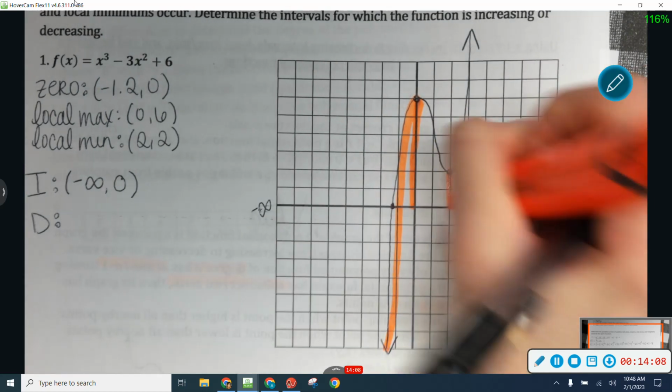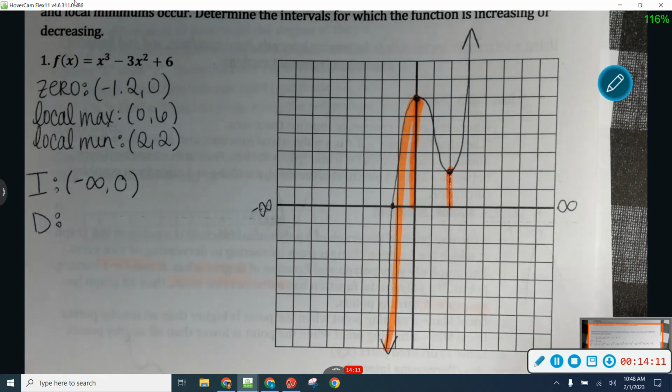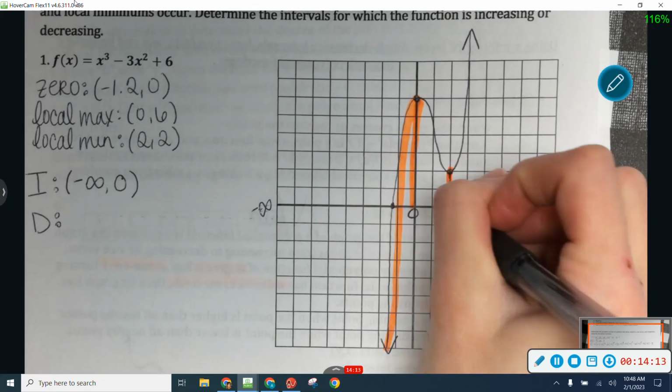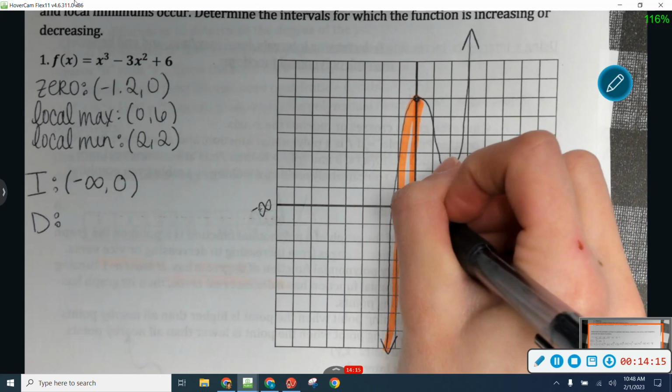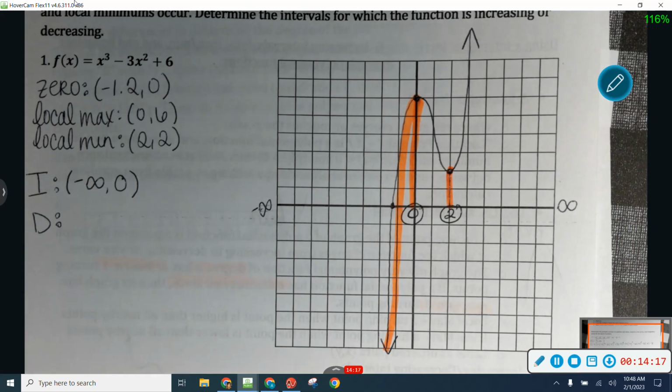If you need to trace your max and min back down to the x-axis, and you need to put your 0 and 2, those are my breaking points of my intervals. I should have something from 0 to 2, and then something from 2 to positive infinity. So it's like you're breaking it in parts, okay?